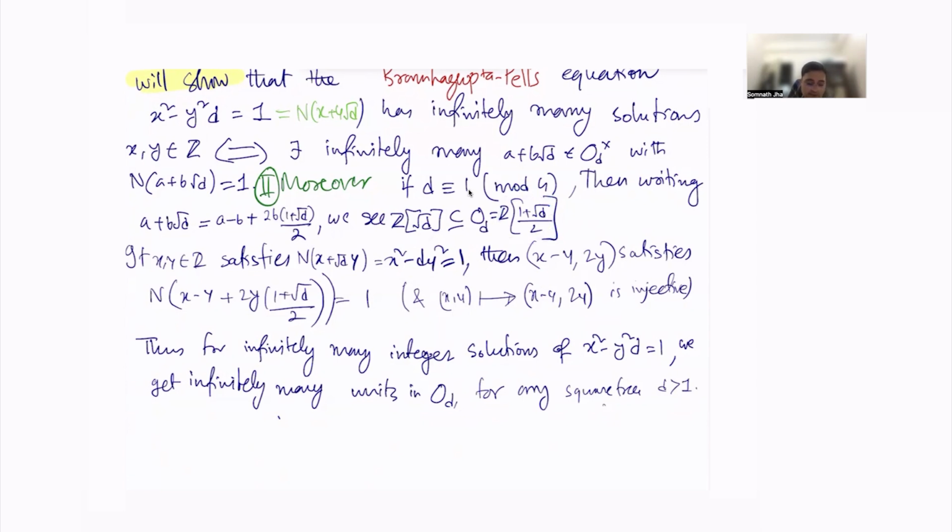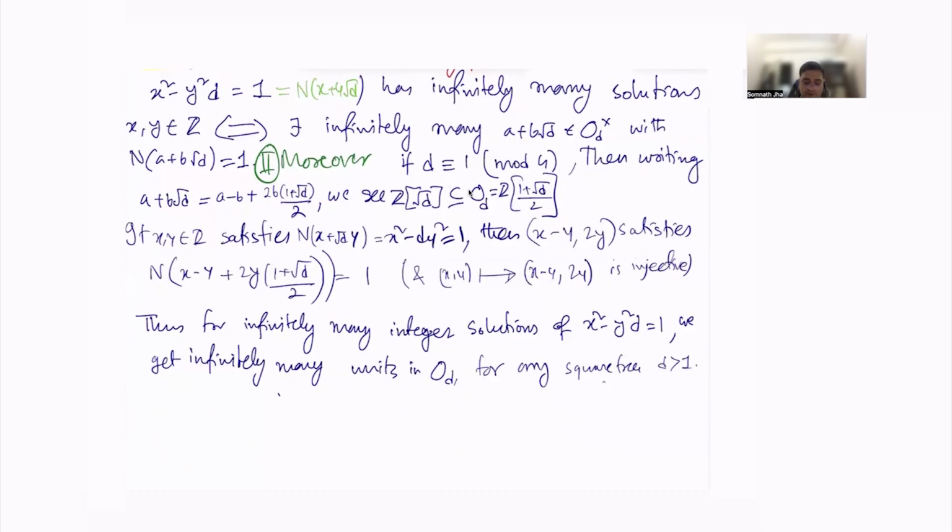I'm saying the same thing in another way: if the norm of x plus y root d is 1, then (x minus y, 2y) is an element here which satisfies norm 1, and infinitely many (x, y) give rise to infinitely many elements here.